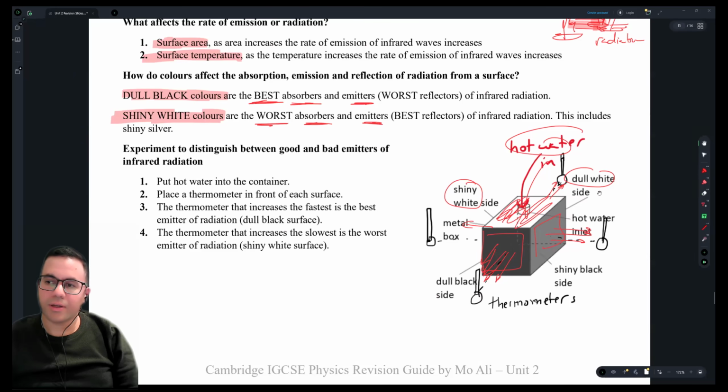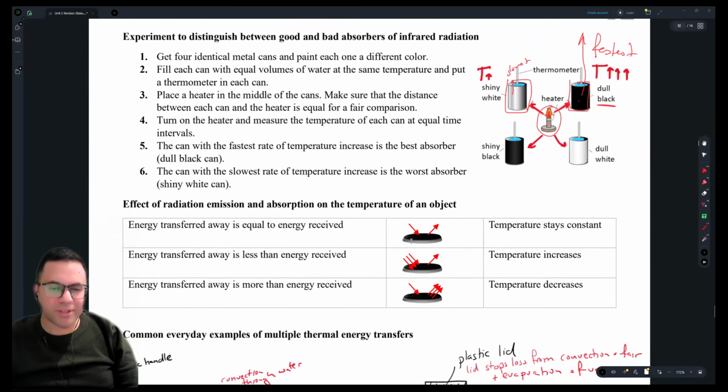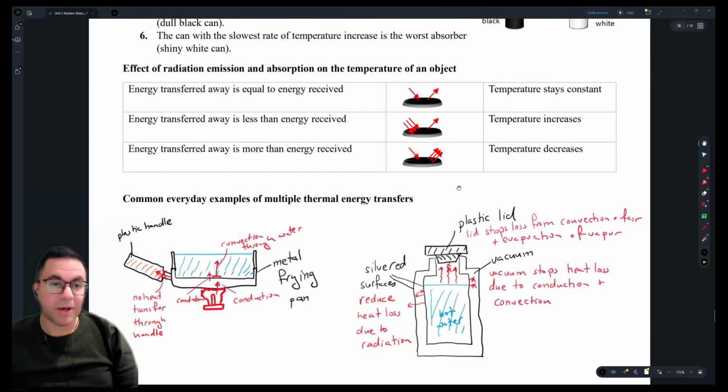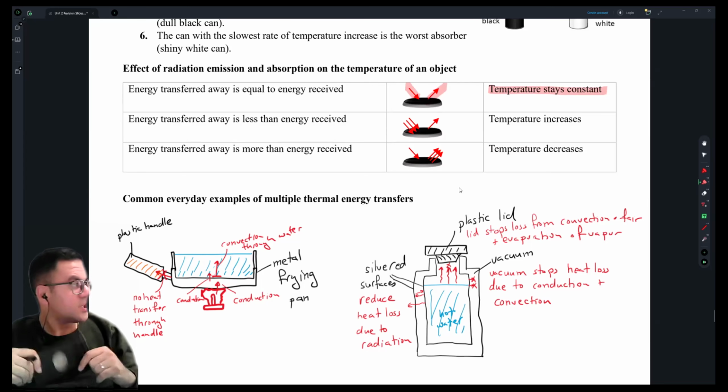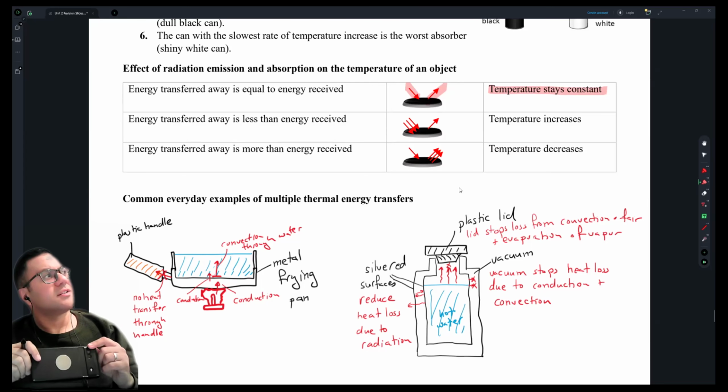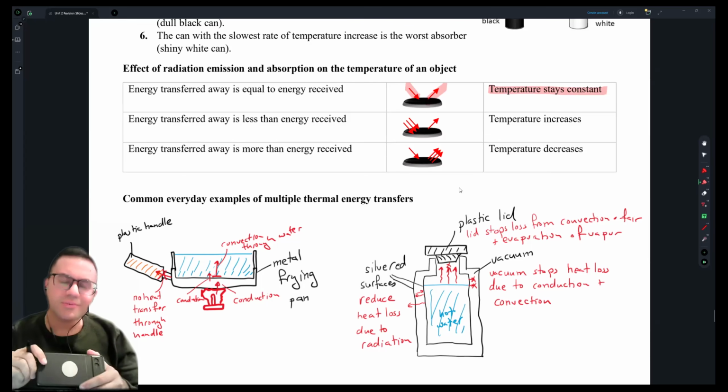Now, finally, just a few extra tidbits of info about heat transfer in general. First, if something is staying at a constant temperature, this means that it's absorbing and emitting radiation at the same rate. Because I just said everything emits radiation, but that means I'm also getting a lot of radiation from the surroundings.